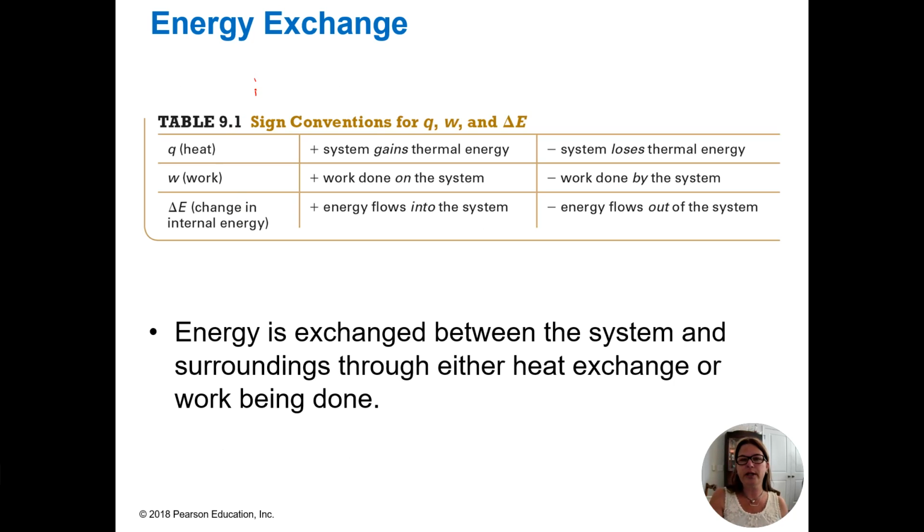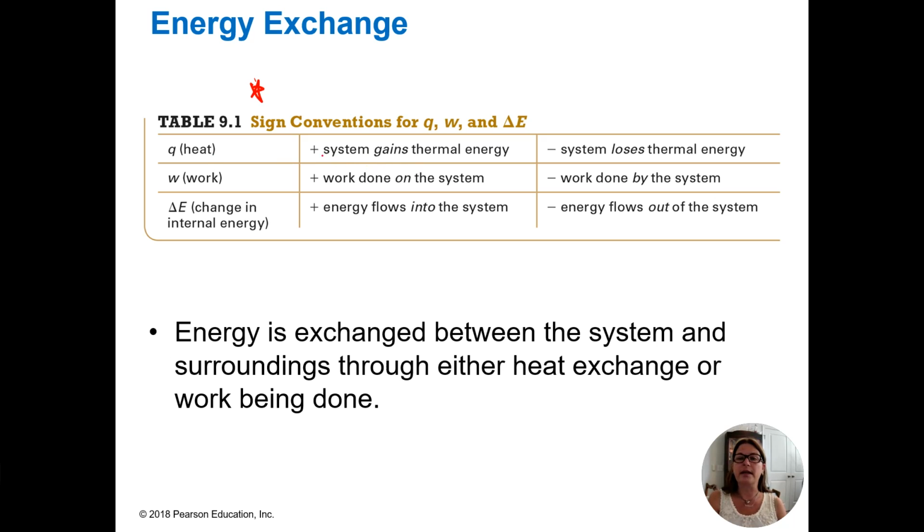So this table is your new best friend. I highly recommend printing this out, like go to the slide and print it out, or heck, write it down in your notes. Just pause this and copy it down in your notes. So when we talk about Q, or heat, heat is energy.